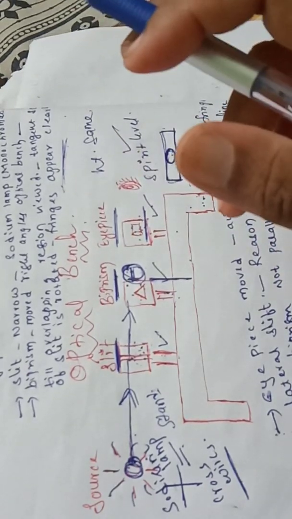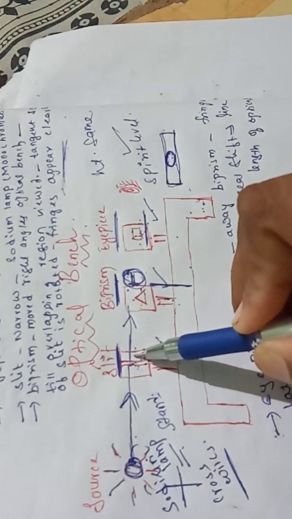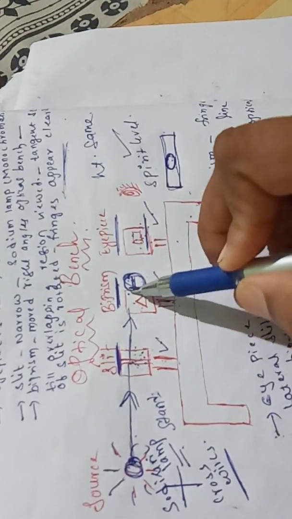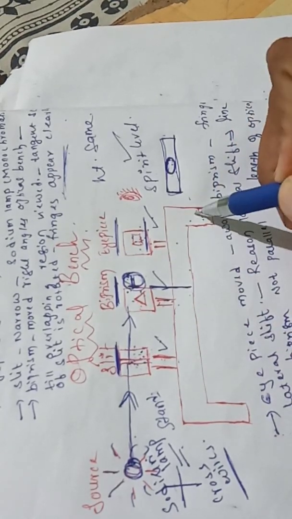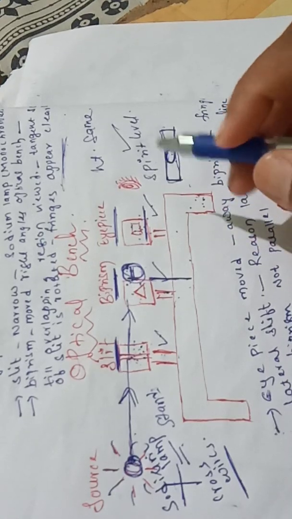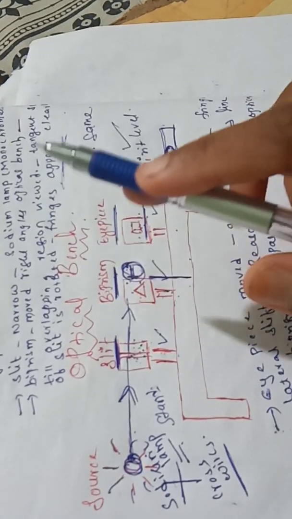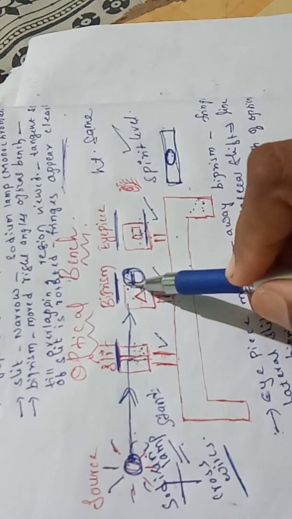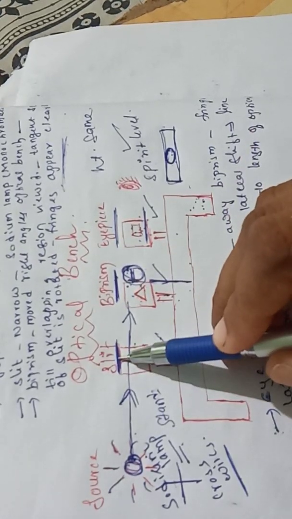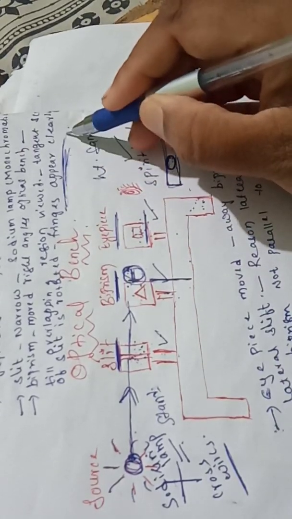So first what we are doing, we are narrowing the slit, and sodium light falls on it. From there, this light falls on the biprism. By moving the biprism at right angles to the optical bench until the overlapping region is found, and after the overlapping region is viewed, we will rotate the screw of the slit until clear fringes appear.